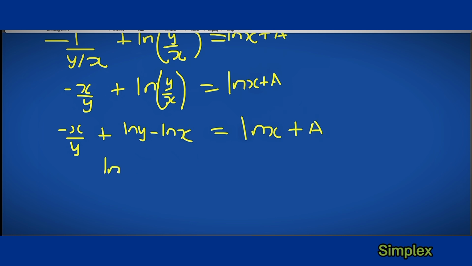So ln y minus x over y is equal to 2 ln x plus a.